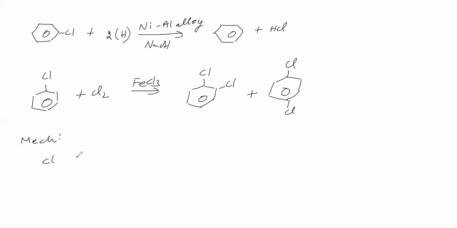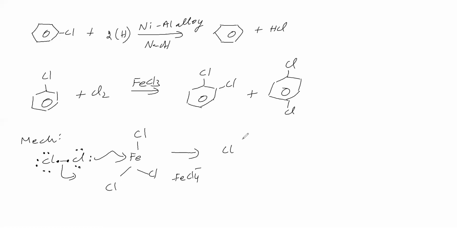This Cl2, the Cl comes under the 7th group, therefore its valence shell contains 7 electrons. Similarly, the other chlorine's valence shell also contains 7 electrons. Then FeCl3, in which Fe has 3 chlorine atoms, is attacking. This bond is migrating, therefore we will get FeCl4 minus and Cl plus.